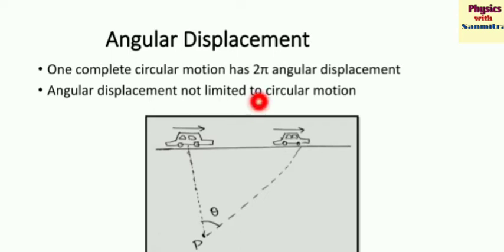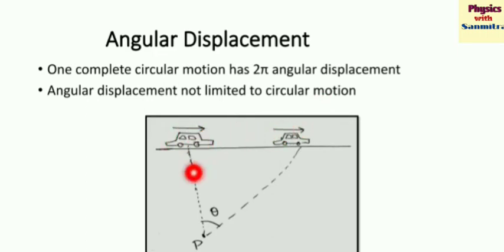Now angular displacement is not limited to circular motion. Wherever an object is subtending an angle, and we can measure that angular displacement, that is the angular displacement. One complete circular motion has 2 pi angular displacement. See, there is a car moving on a straight line.